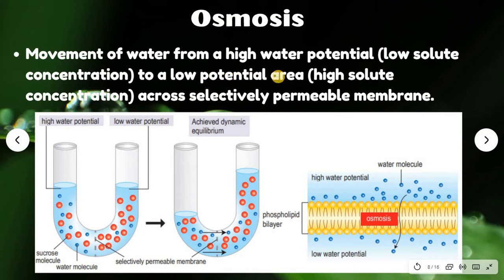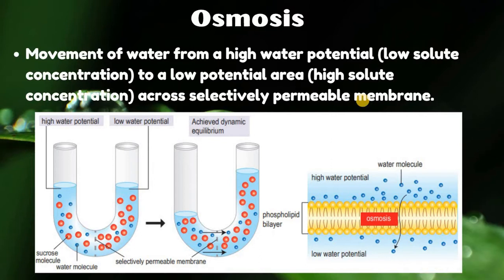A low water potential area has a high solute concentration. This is across a selectively permeable membrane.